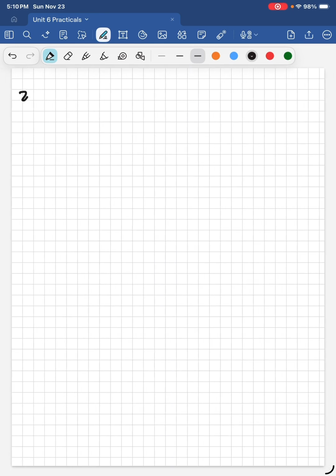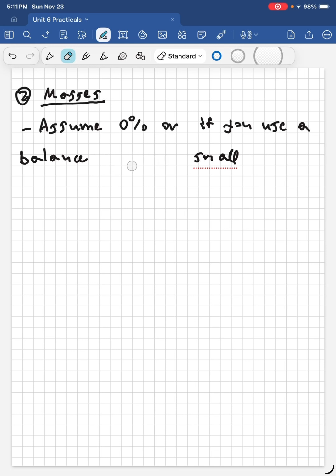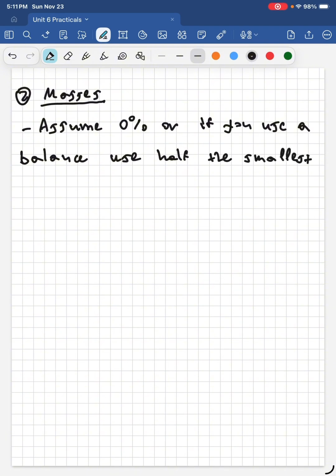So number 2, for the masses, you can assume 0%, or if you use a balance, use half the smallest deviation of the balance.